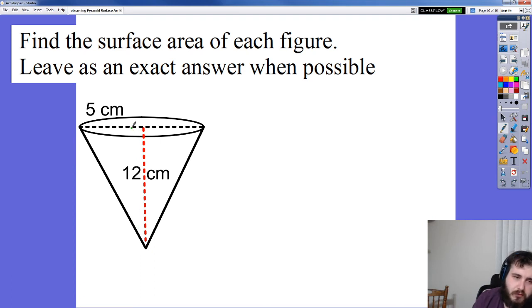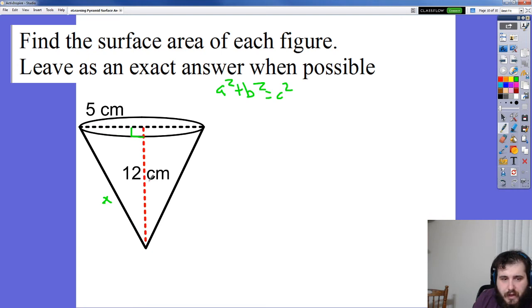Basically, what you've got here is you've got the right triangle. Here's the radius is 5, the height is 12, and you want to find the slant height. You can use the Pythagorean theorem, 5, 12, ABC here. A squared plus B squared equals C squared.